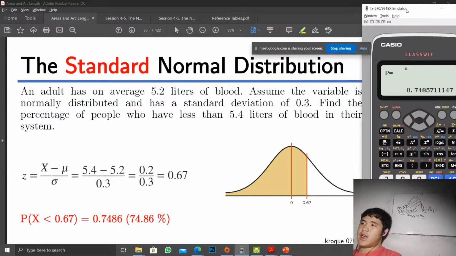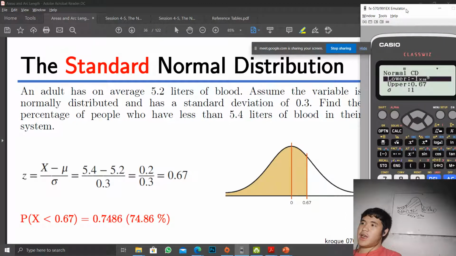You can just simply put everything given to you in the problem. Lower bound, still that number. Upper bound, ito, kasi less than 5.4. Sigma equals 0.3, and the average is 5.2. We get a different answer. Bakit? Kasi, ito guys, these are all rounded off, diba? So ito, this one's not rounded off.